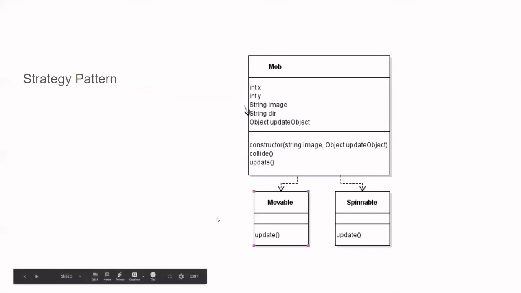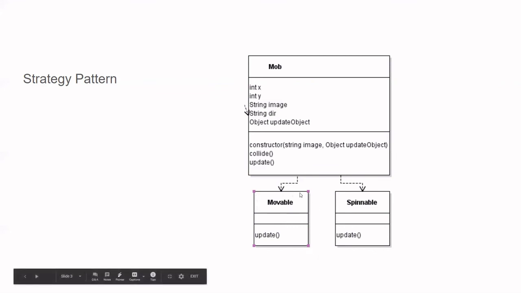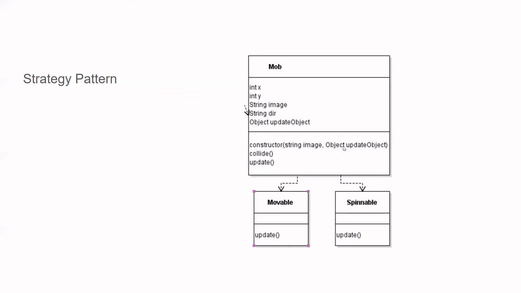So the way that we did this was by using the strategy pattern. We build instances of either movable or spinnable, and then pass those into the constructor of mob as the update object. So a mob has an instance of an update object inside of it.